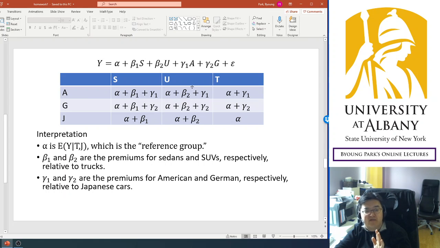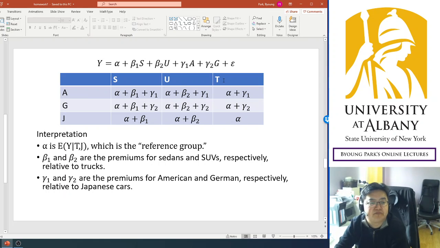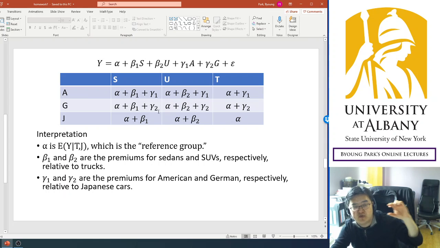And beta 2 is the difference between SUV and truck. So these are the premiums for sedans and SUVs relative to trucks. Gamma 1 is the difference between the first row and the third row, and gamma 2 is the difference between the second and the third rows.